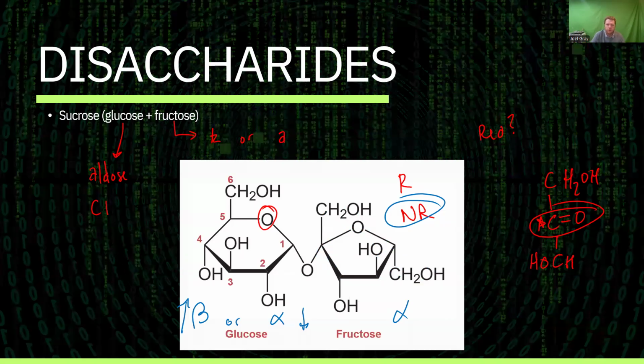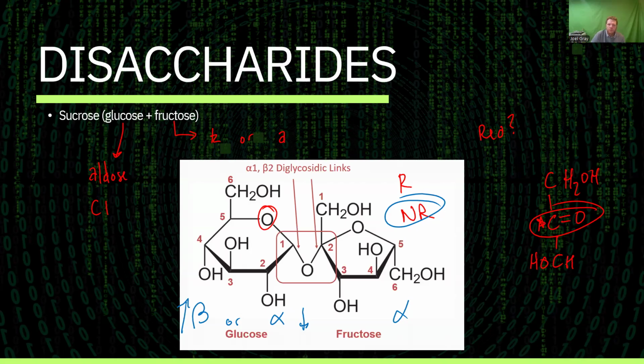Okay, glucose, fructose. Carbons 1, 2, 3, 4. Now, this is an alpha 1, but it's a beta configuration from the vantage point of fructose. And that's because of the directionality of the OH group of glucose, compared with what we're looking at with respect to fructose.